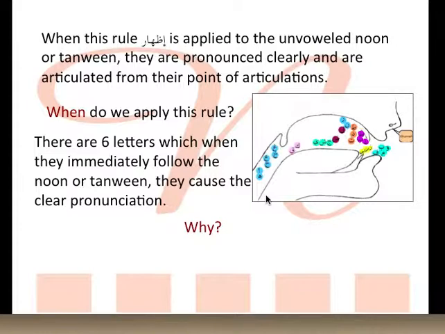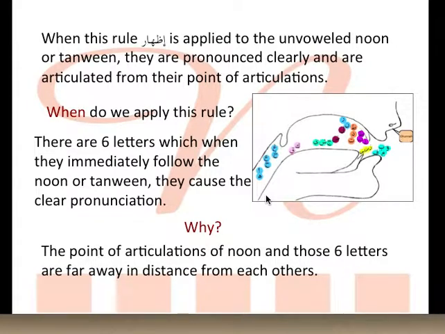But why do we read them clearly? Why do we read the noon clearly? It's always because of the point of articulation. The points of articulation of noon and those 6 letters are far away in distance from each other. For example, the noon or tanween comes from the tip of the tongue, here.